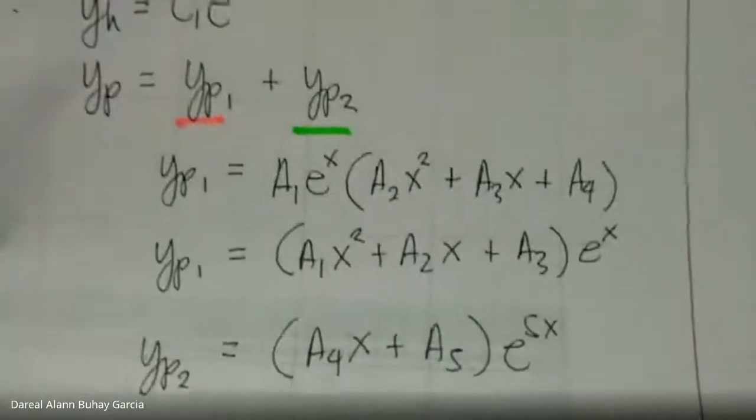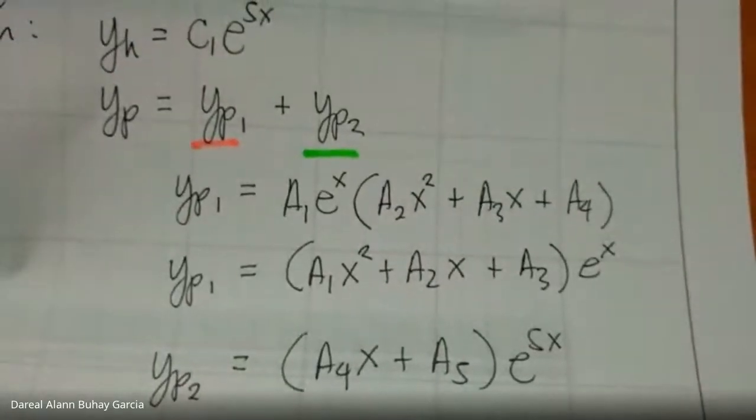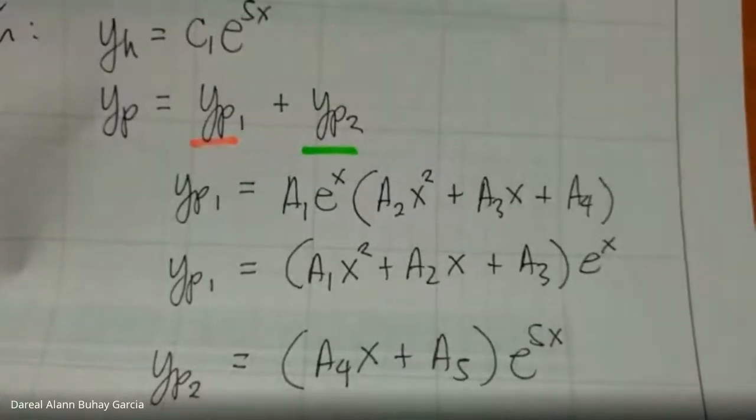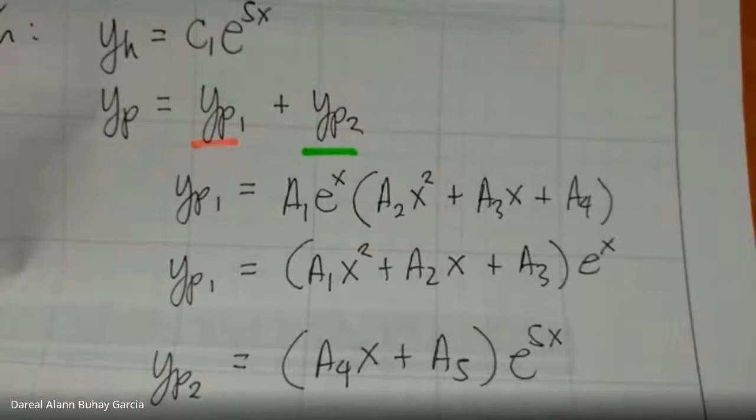So we multiply by x to the power of something, depending on the case.